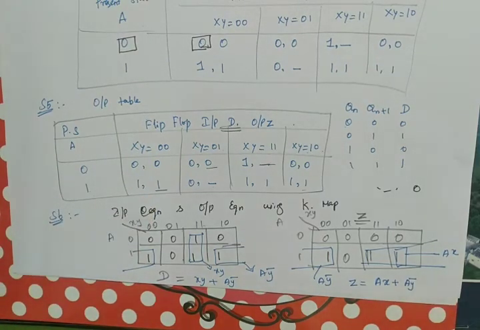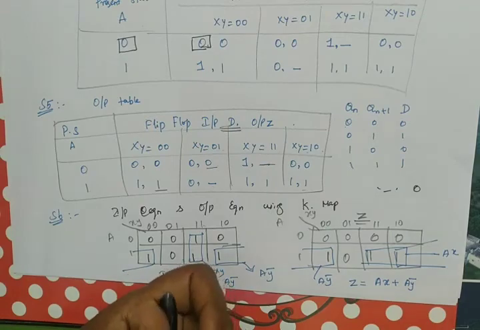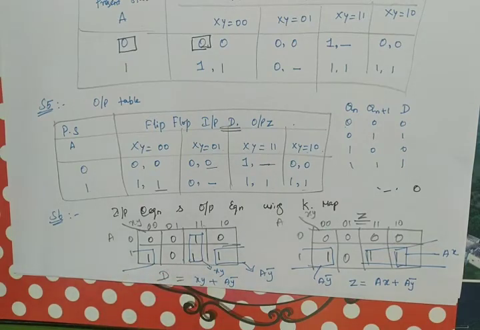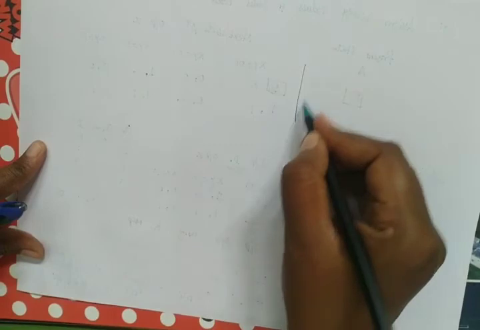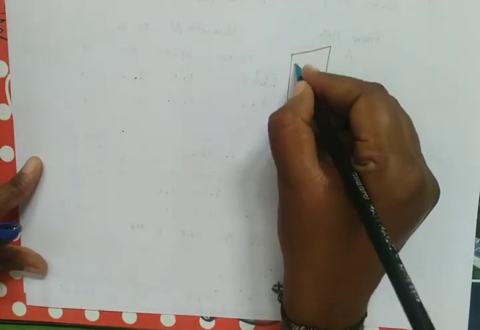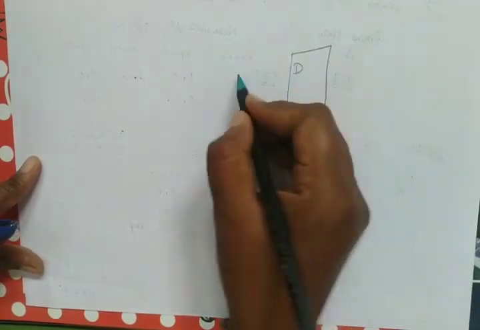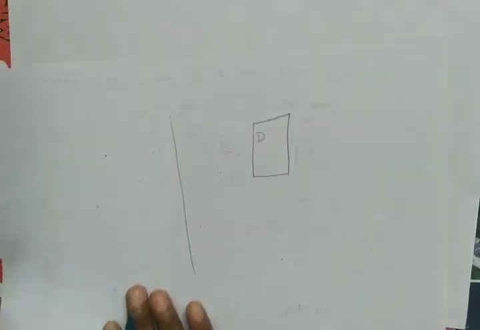Then finally we have to draw the logic diagram. So we know how to draw the diagram by using this D flip-flop. Here we have a D flip-flop. Then what are the things available?